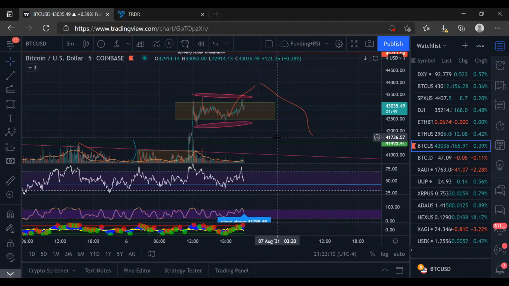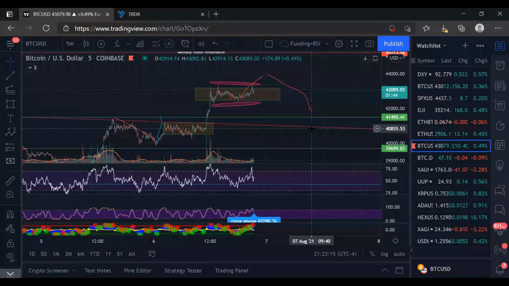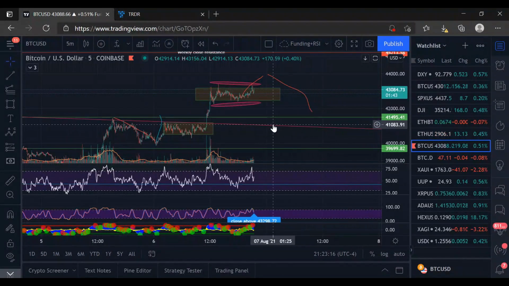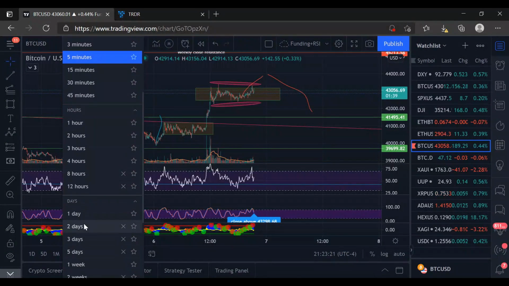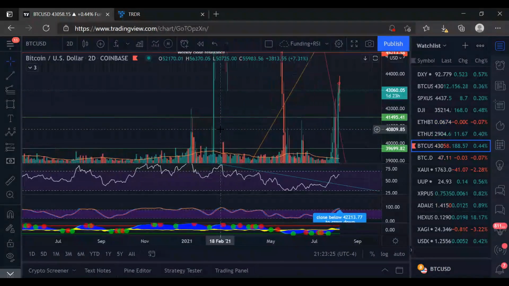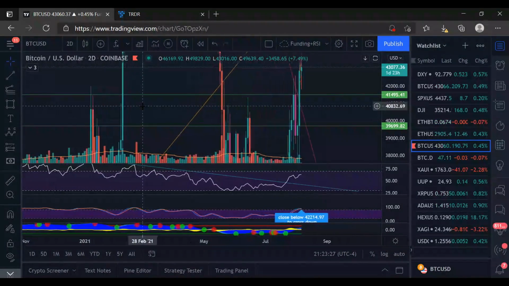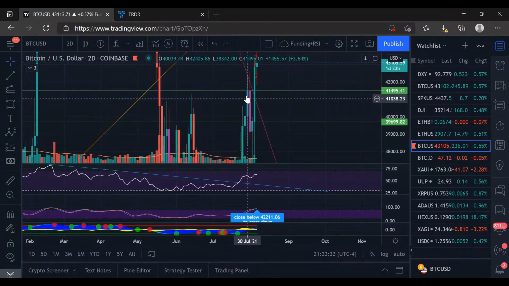I'm looking at potentially a long coming at 41,495 off of a 2-day order block that broke. This is our 2-day order block right here, where you had a push up in price, bearish engulfing candle, came back up, retested that exact area, continued down, but now popped back up and broke above that.